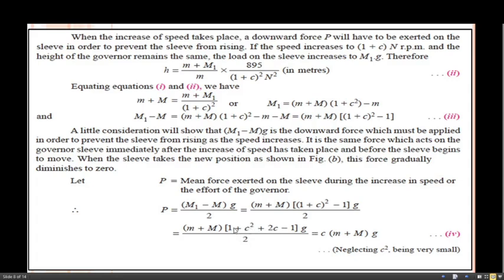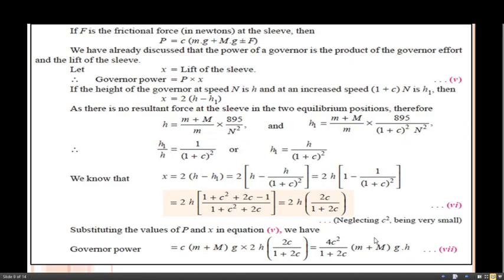So c square is neglected, plus 1 and minus 1 get cancelled. In (m plus capital M), the 2s get cancelled, and only c will remain here. c into (small m plus capital M) into g will remain. Now give the equation number next for this.